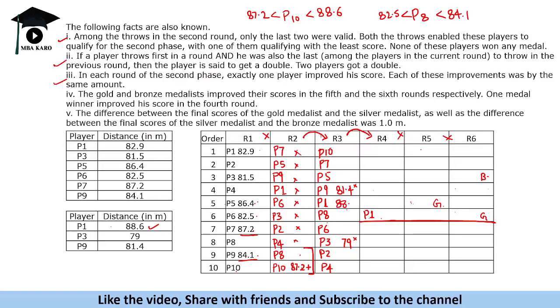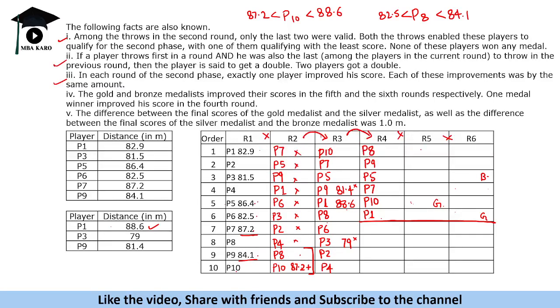So 88.6, P1, through here. Okay. And P1 came to the top position. Then second position was P10. Okay. And then we have P7, P5, and then P9 and P8. So this was the order in this.